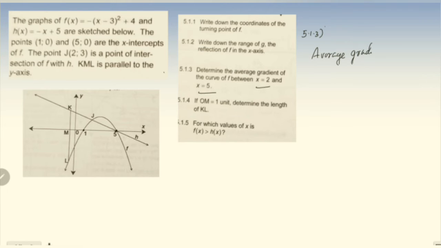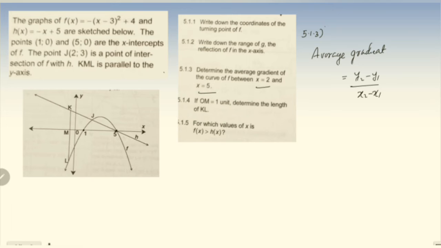I think we discussed average gradient in one of the previous videos. How do you calculate? It's the same as a gradient, change in y by change in x, right? So that is y2 minus y1 divided by x2 minus x1. We can use this formula. Here x1 and x2 are given, that is 2 and 5. You have to find the corresponding y value.